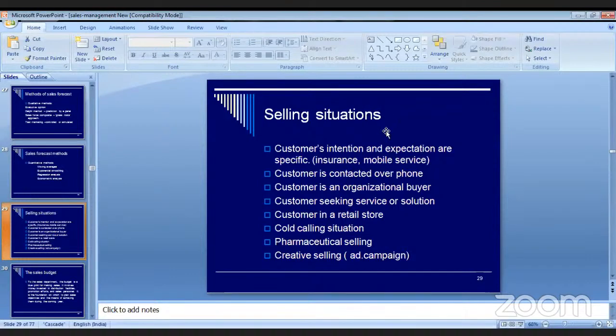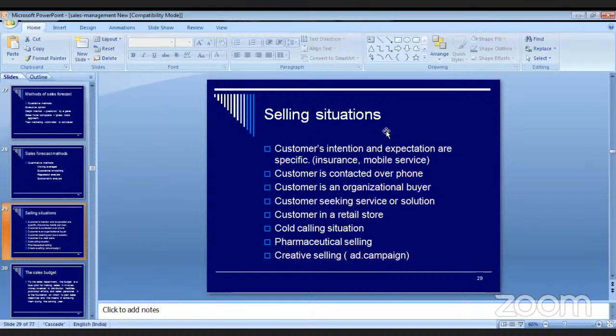Selling situation method, cold calling basically it is a kind of approach, you call the customer suddenly, and you are getting a lead and you are selling to the customer. Then creative selling: you are approaching with a different creative manner and you are selling.